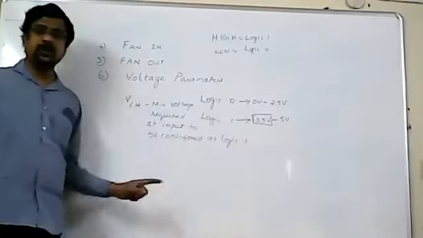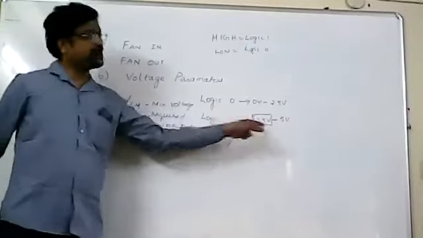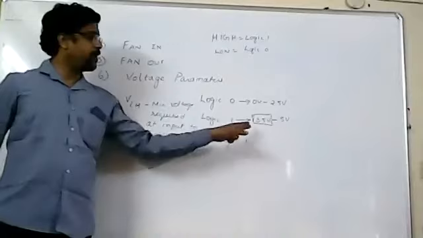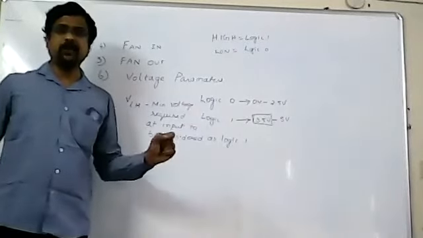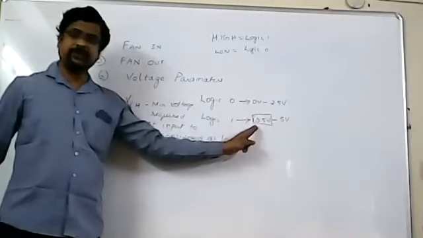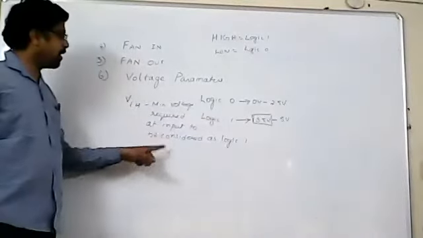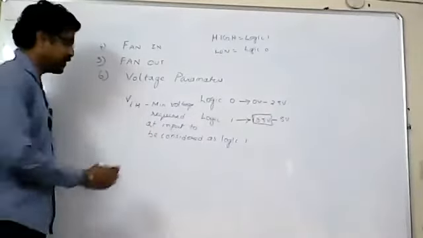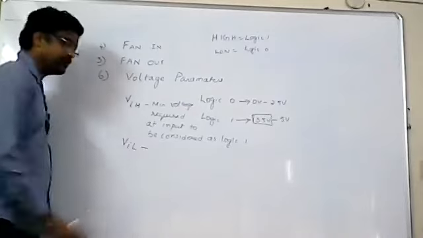You don't specify a single value. The definition is the minimum, because from here onwards, everything is 1, from 3.5 to 5 is 1. So we have to take the minimum value from where it is considered as logic 1 at the input, and that is called VIH. Similarly, VIL.